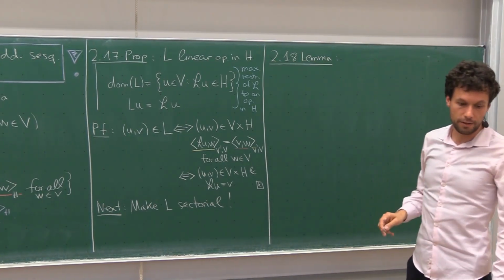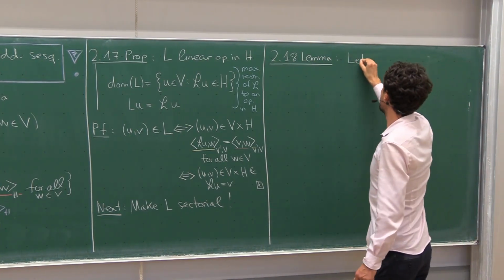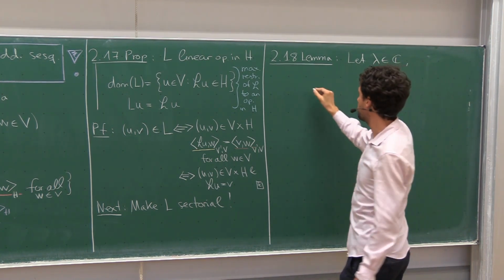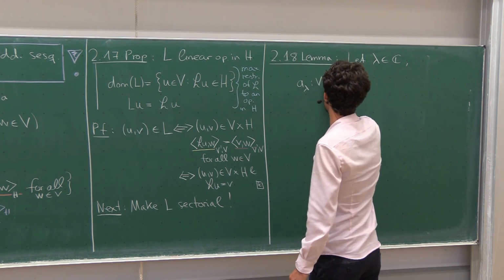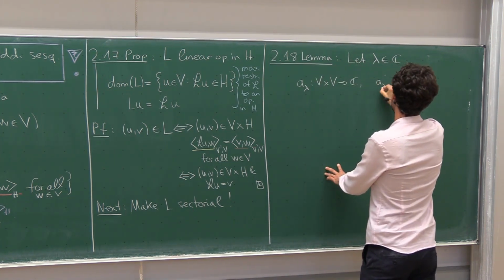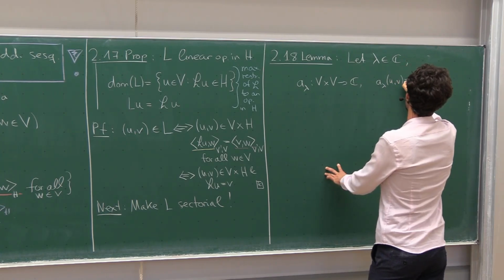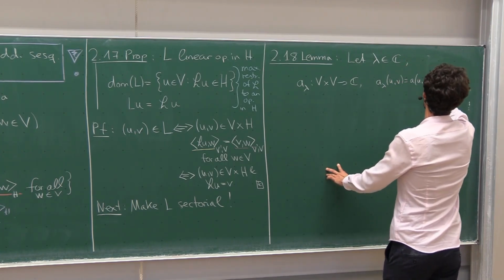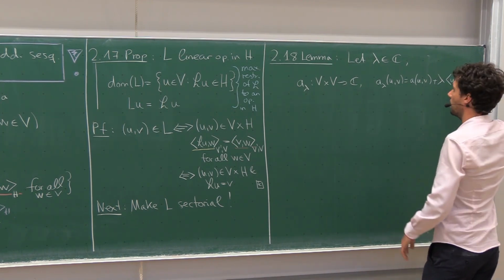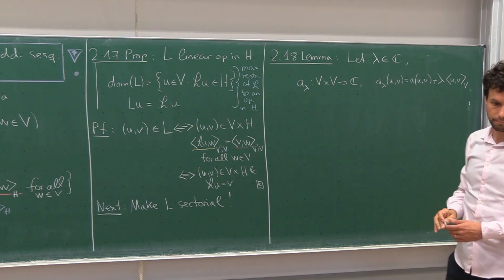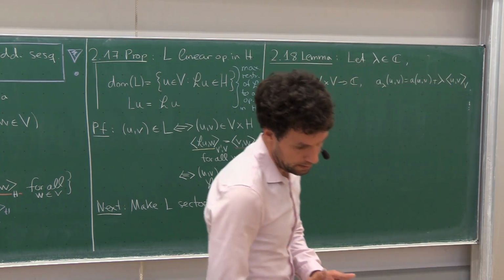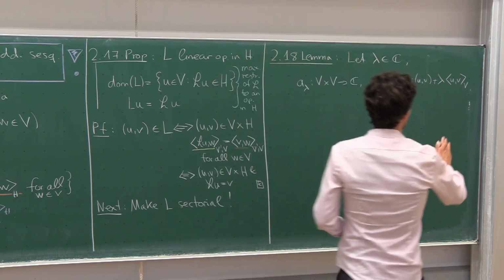And this is not terribly complicated, right? So if I let lambda a complex number and I look at the sesquilinear form A lambda, which is just A lambda of uv is going to be A of uv plus lambda times the inner product in H, I want, of course.